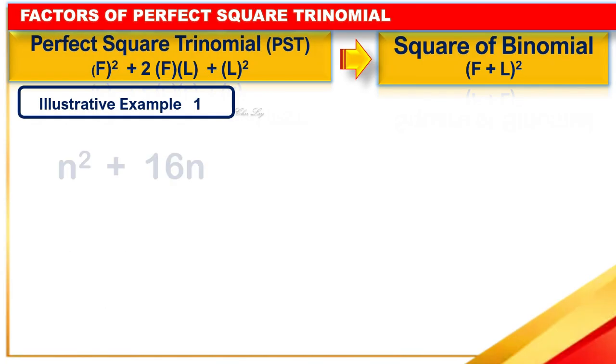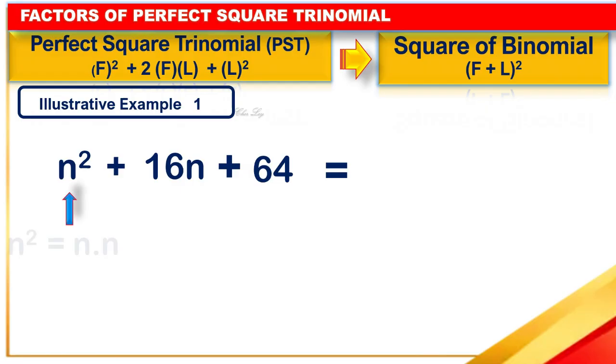Let's try example number 1. We're going to get the factors of n squared plus 16n plus 64. What are we going to do? Check whether the first and last terms are perfect squares. The first term is n squared, which can be written as n times n, and 64 can be written as 8 squared or 8 times 8.